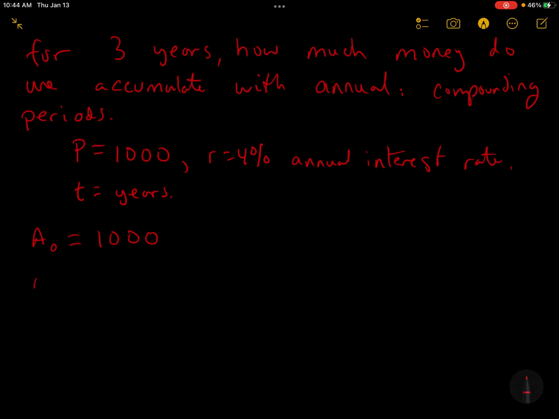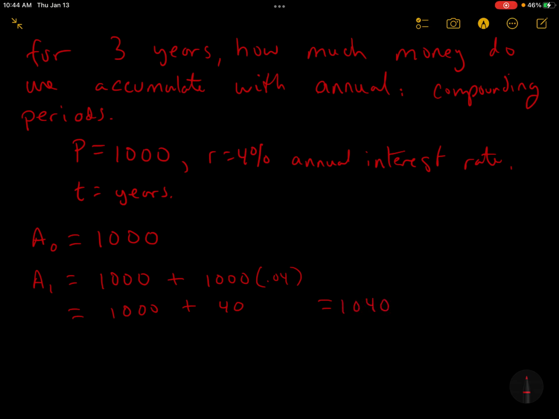A year passes. So at the end of year one, we have that $1,000 plus our interest payment, which is 4% of 1,000. That becomes 1,000 plus 40, which gives us 1040.